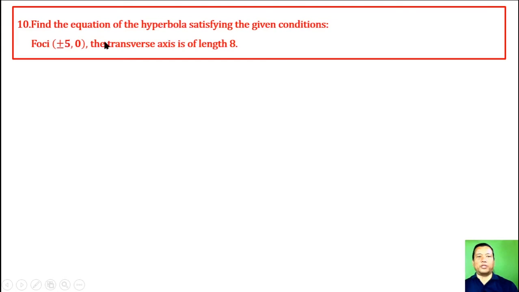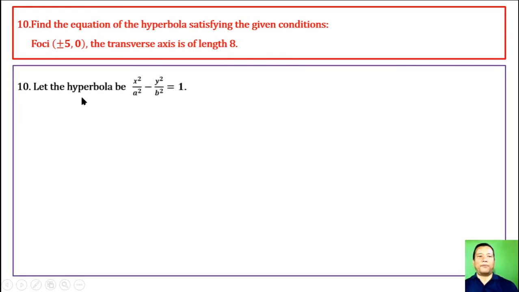10. Find the equation of the hyperbola satisfying the given conditions. Foci plus minus 5, the transverse axis is of length 8. Let the hyperbola be x square by a square minus y square by b square equal to 1. As foci lie on the x-axis, therefore the transverse axis is on the x-axis. This is foci.